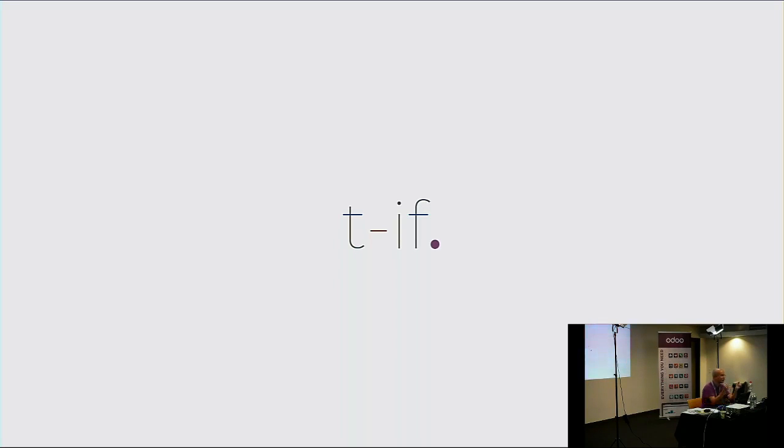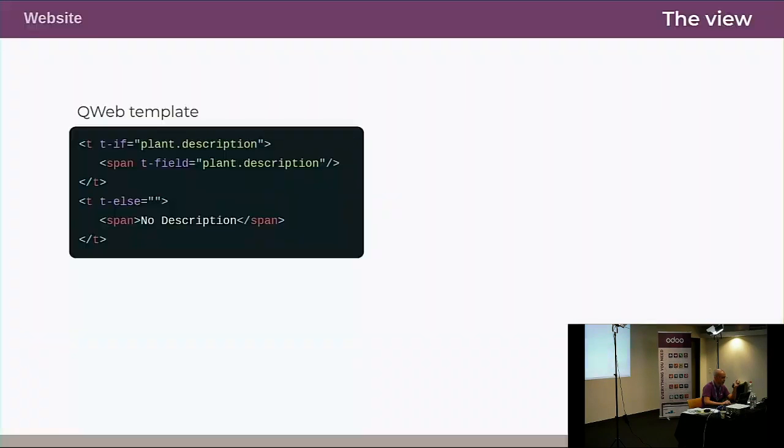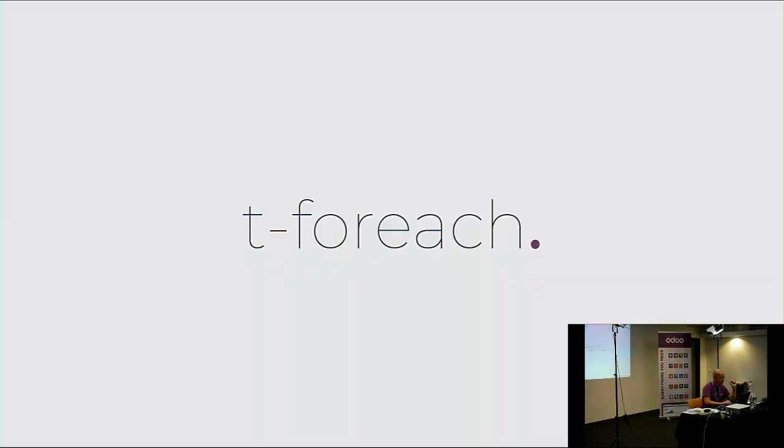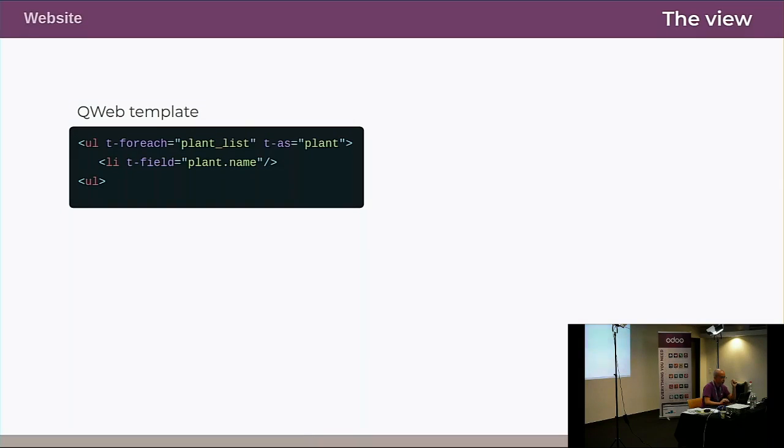Like every templating system, you also have the condition, so t-if, and as you can see here, this is the syntax. And now the next one in the family is the t-foreach, which here you can see is a directive that needs another directive to work.